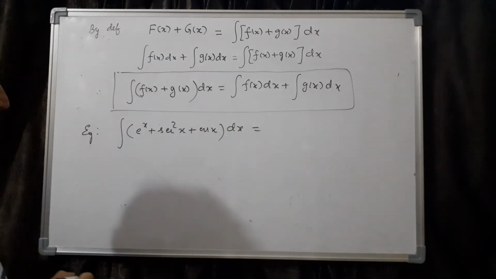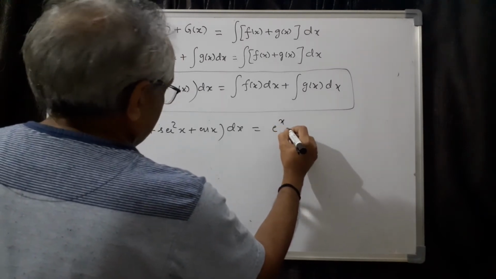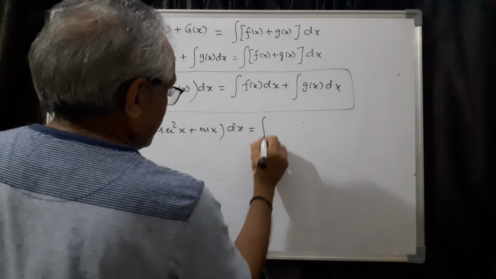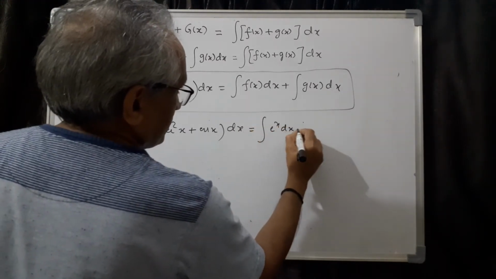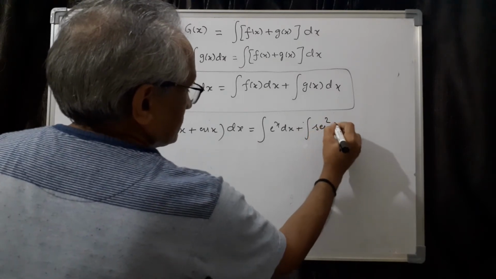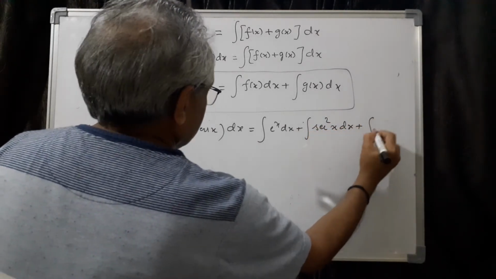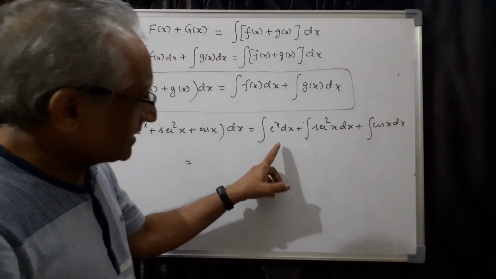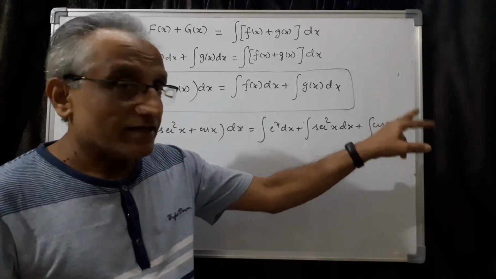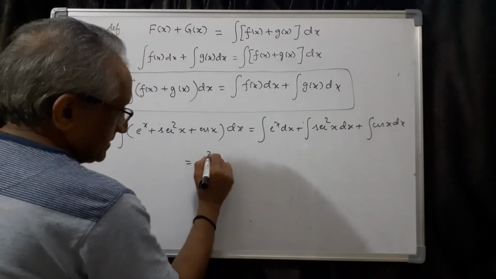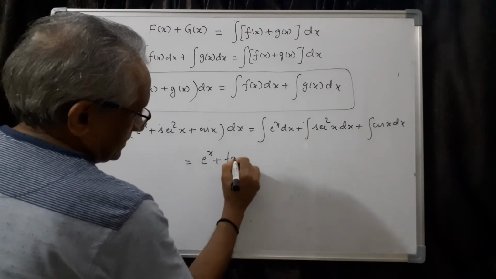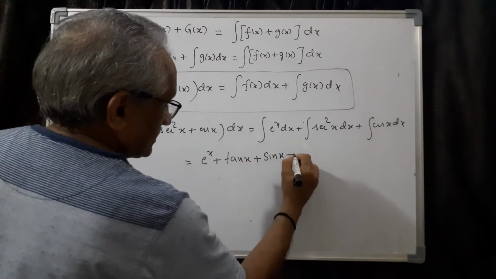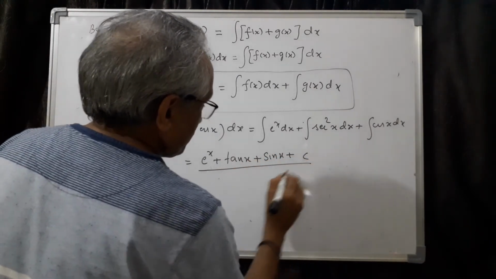So this will be equal to, first I have to write actually the property because it is the beginning, the integration of e^x dx plus the integration of sec squared x dx plus the integration of cos x dx. And you need not write c here separately. After the integration you can write one common c. So this is e^x, this is tan x, and the integration of cos x is sin x. So sin x plus c, this is the result.